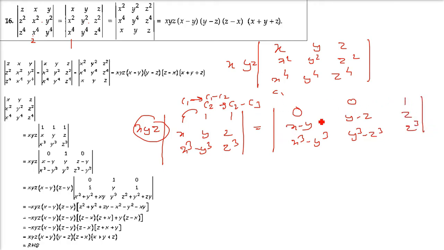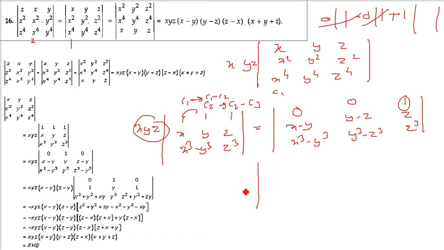Now you see, in the first row, we can take certain things common. We'll open it using the third column, the first row, because only the third element will be the contributing factor; the others are 0, 0.